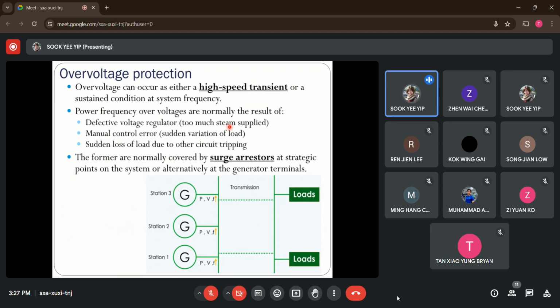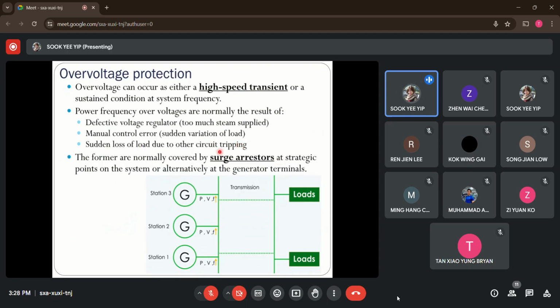The second reason is manual control errors, due to wrong settings, or sudden variations of load. This is under transient situations. The third reason is sudden loss of load at the distribution site due to circuit trippings.